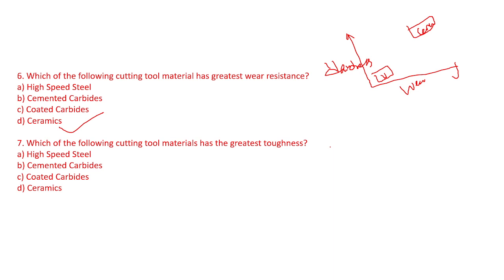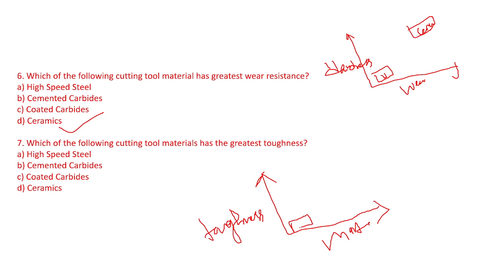The next question: which of the following cutting tool materials has the greatest toughness? If we plot a diagram with the material on the x-axis and the toughness property on the y-axis, this is ceramic.